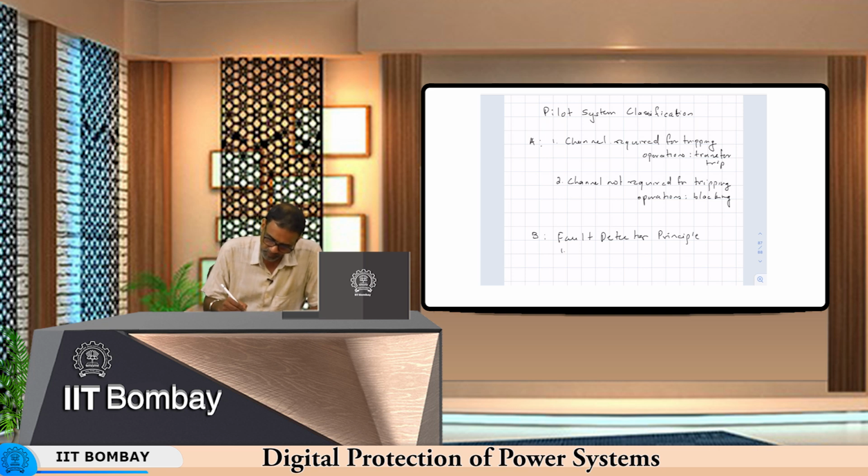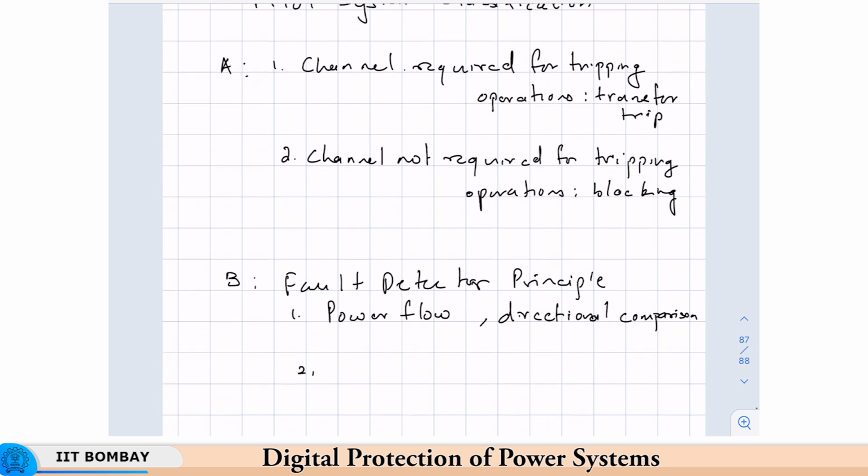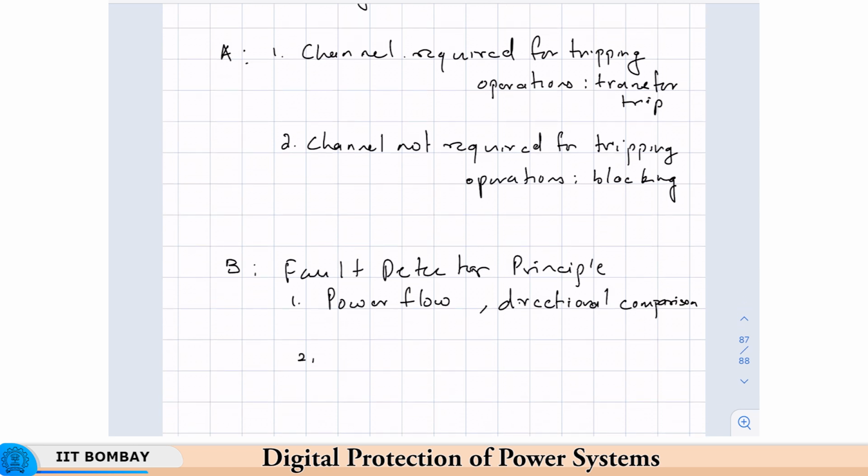If it is based on power flow direction, whether the power is flowing into the bus or out of the bus, then it is known as directional comparison. If it is based on the relative phase position of the currents, it is known as phase comparison.